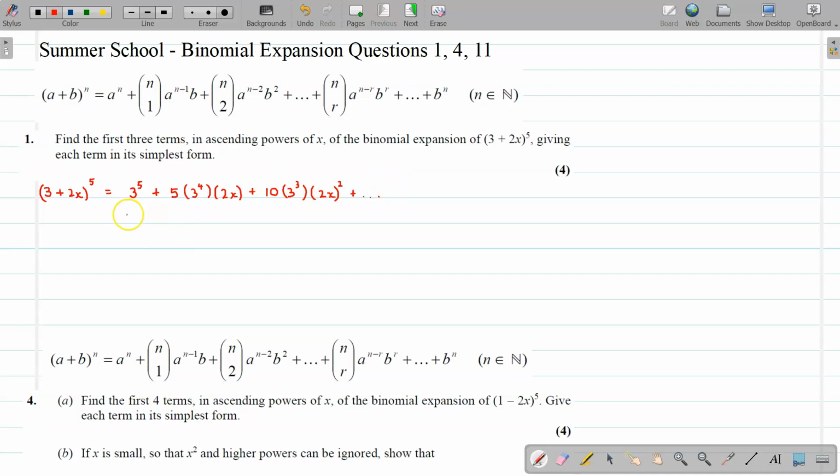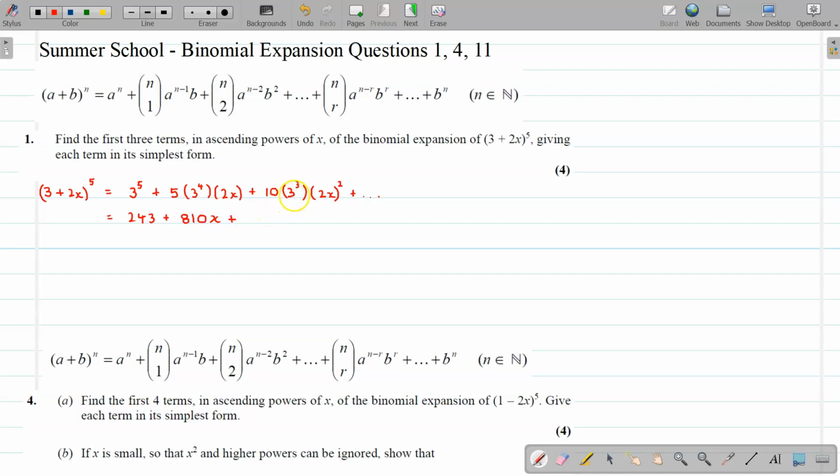Well, 3^5 is 243. The second term, if you put that in the calculator, is 5 times 81 times 2, which is 810x. And finally the next term is the x squared term.